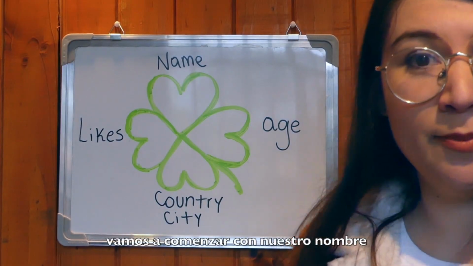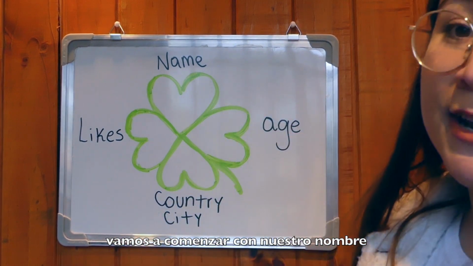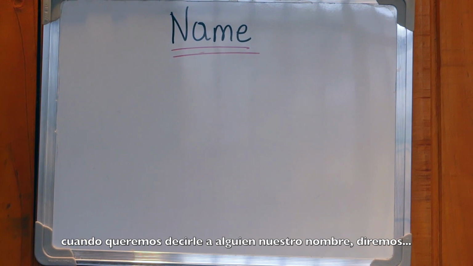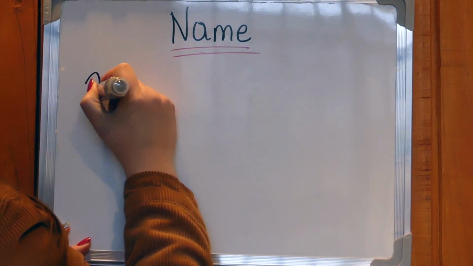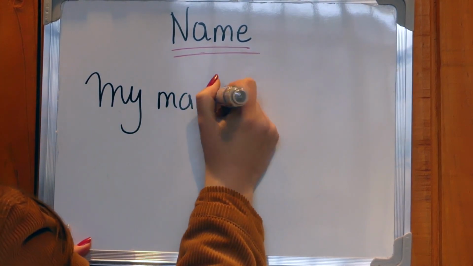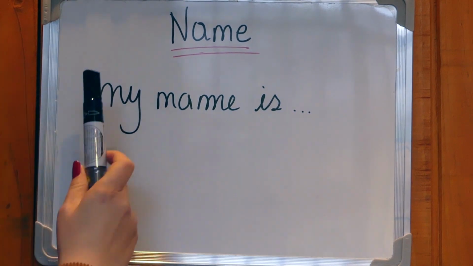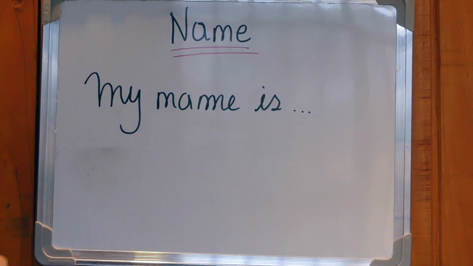Let's go a little bit deeper into the first one, that is the name. So when we want to tell a person what our name is, we are going to use the following structure. We are going to say, my name is, and then we say our name, of course.